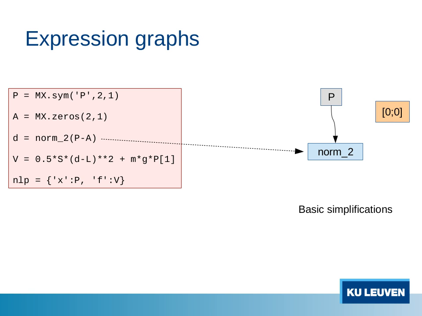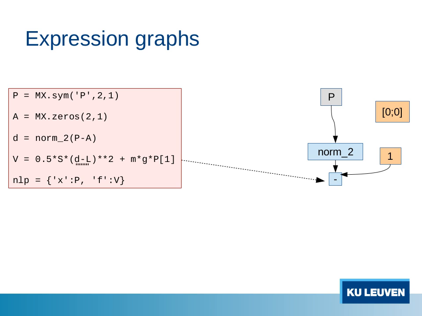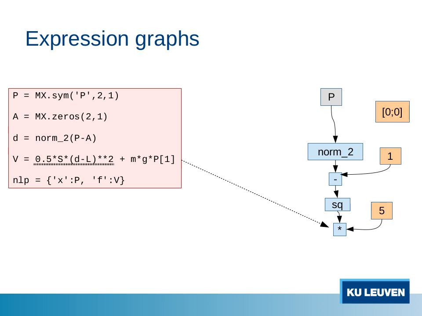Actually, for this case there is some basic simplification because p minus 0 is always p, so it simplifies automatically. In the next line we construct a bigger expression: we subtract the rest length 1, square the result, and multiply with the spring constant and a half.